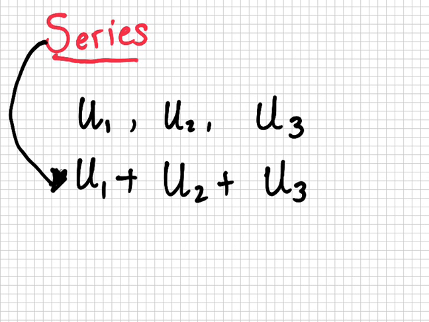Sequence is what we did in the last class. Series now is the same as a sequence, except you add all the terms together. That's the difference. So series is just the sequence with the terms added together. Okay? So for example, this is a sequence, and then this is a series. So that's vocabulary first, okay?